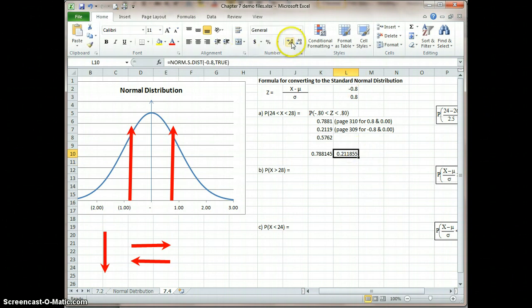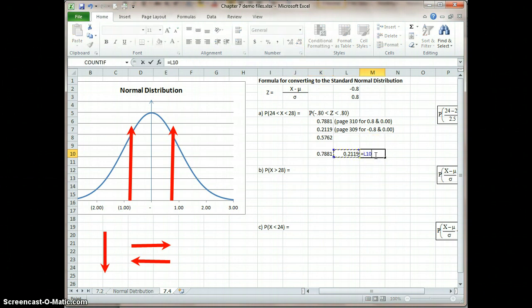If I shrink the number down to the same number of decimal places, you see it matches exactly. I can do the same thing here. Now if I go equals this minus that, I get 0.5763. It's close, there's a little bit of rounding error in there, but basically you've got the same numbers here and here. So that would be another way to do that calculation.